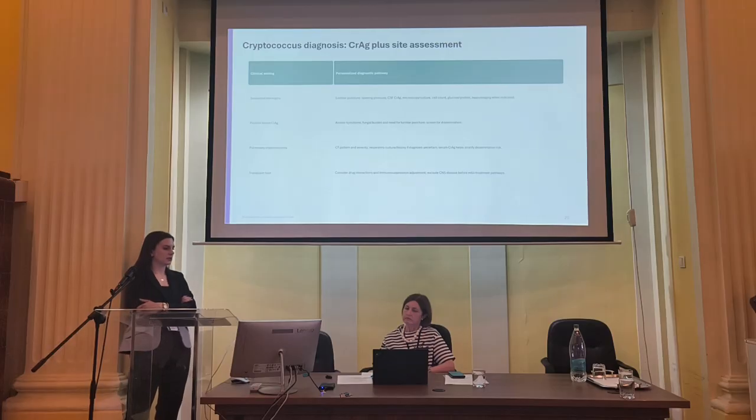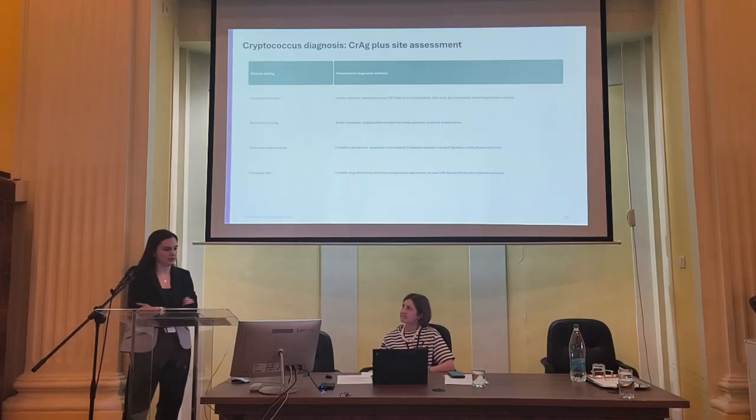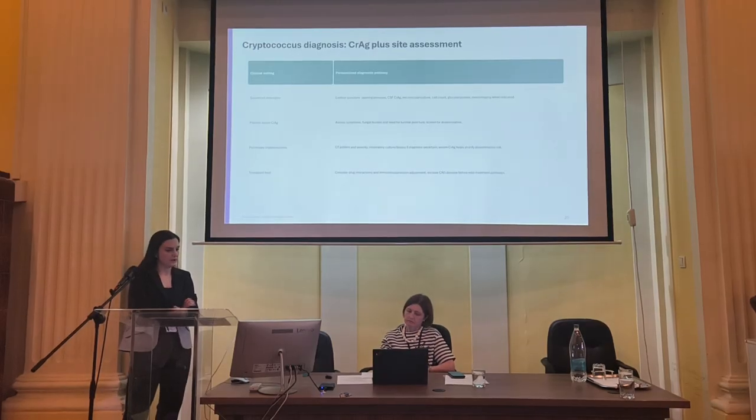We can perform the Cryptococcus antigen. In our hospital we don't, but I find that you have the antigen for Cryptococcus. And you may need to perform a lumbar puncture because of high intracranial pressure, to lower the pressure, and you can send the fluid for analysis.